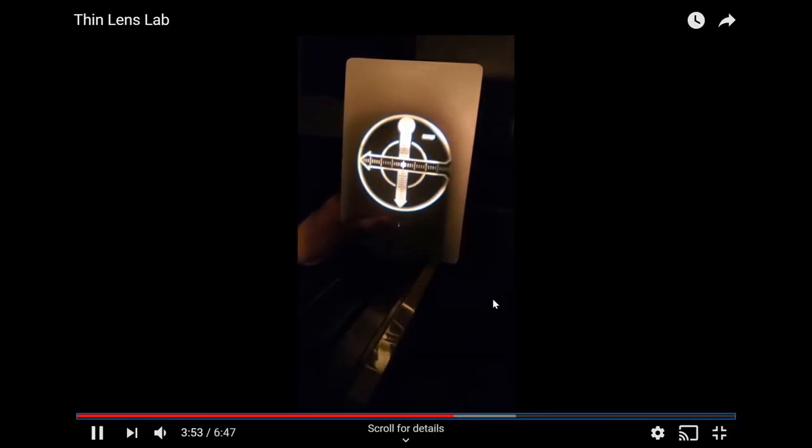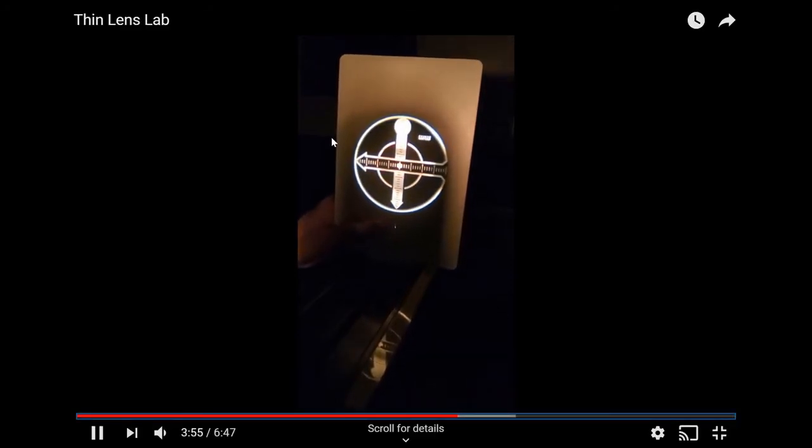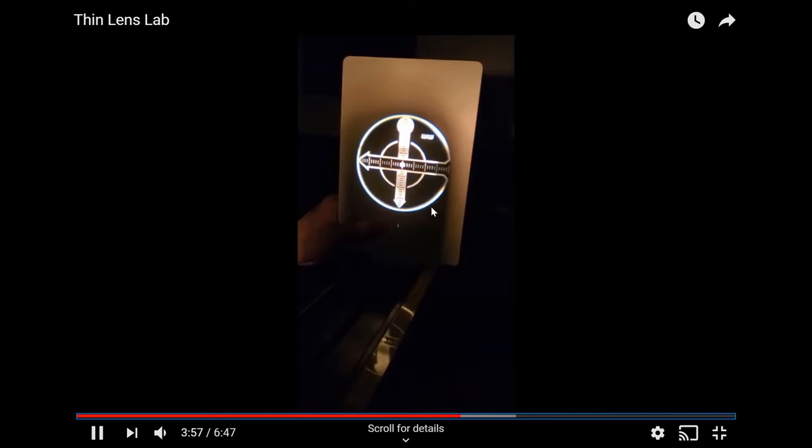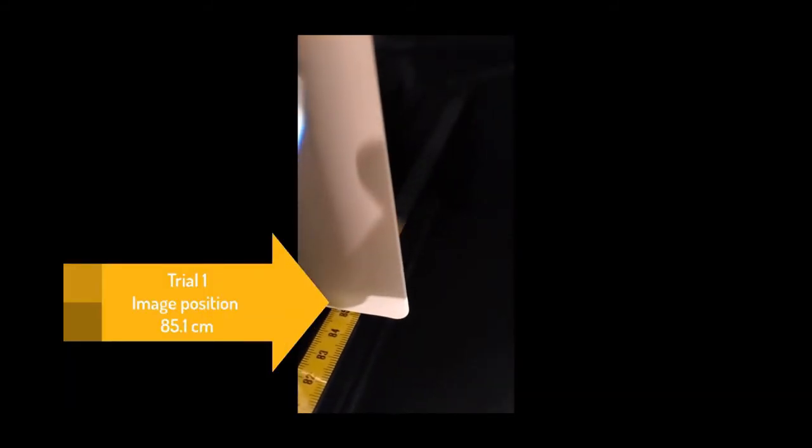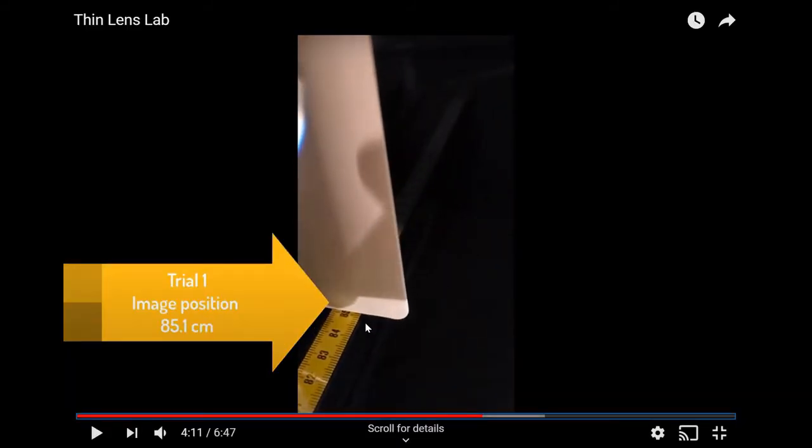This is where I'm adjusting the screen to find the position where the image is the sharpest. Again, it might not look the sharpest on camera, but in real life, that's where it looked the sharpest. Okay, so when I did find that location, we find an image position of 85.1 centimeters.